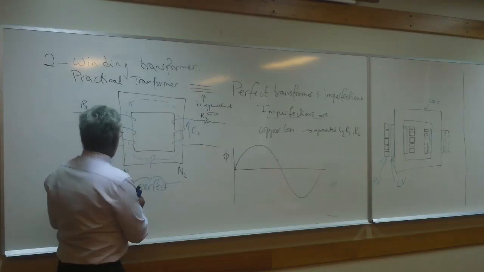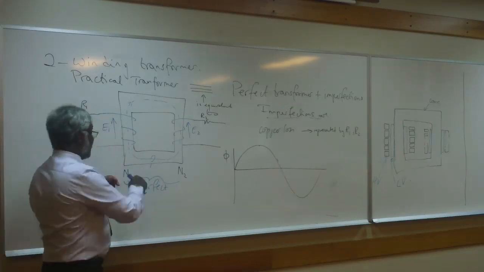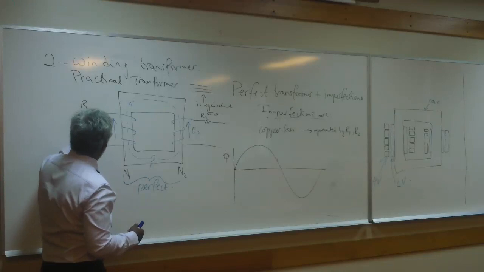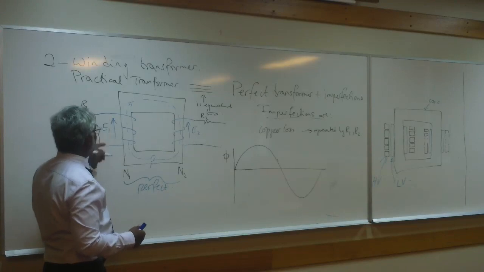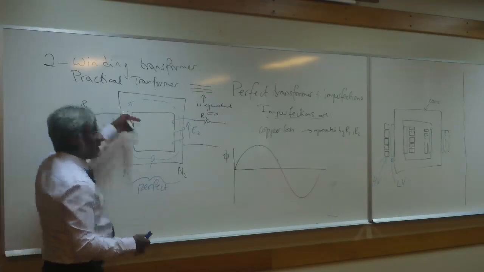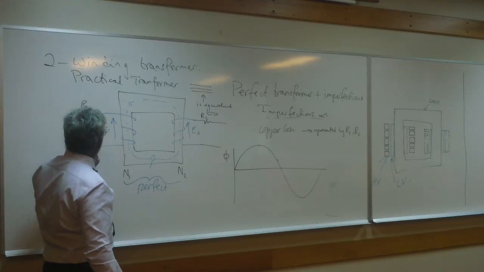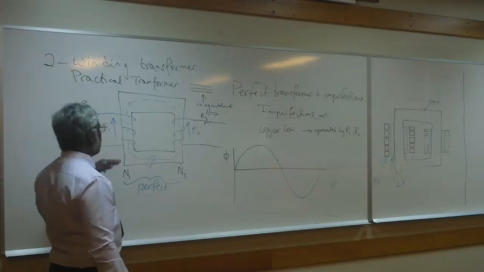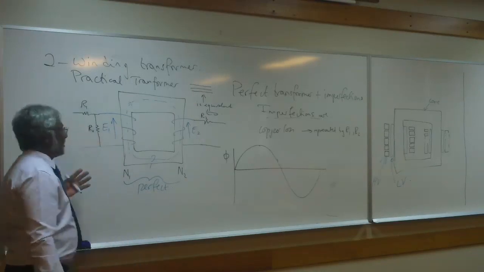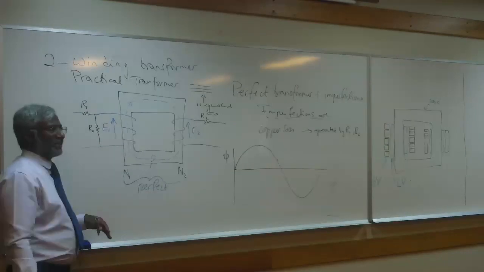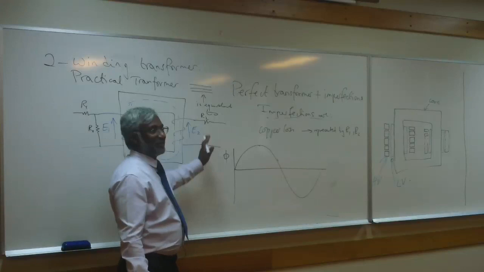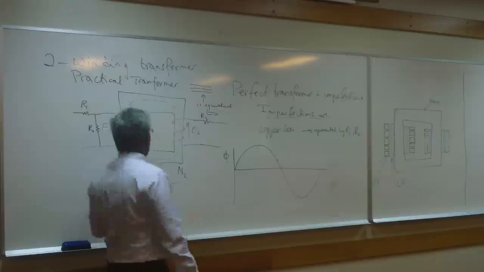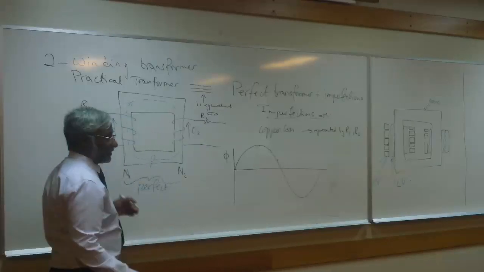So that's why the core loss is represented by a resistance that is in parallel, because it's proportional to E rather than to I. It's normally called R0, and normally put on the supply side, on the primary side of the transformer. You could technically put it on the other side as well. It shouldn't make any difference, but it's normally put on this side.